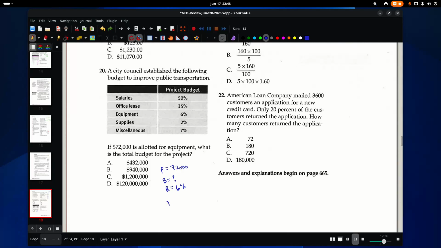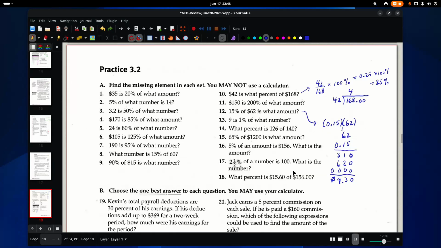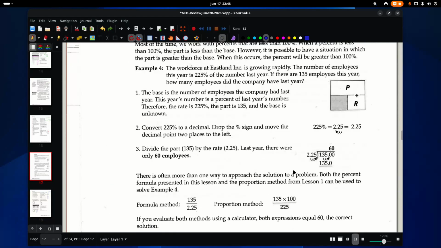So the base, from the rectangle we wrote down, this rectangle is going to help us. So the base is the part divided by the rate, right?